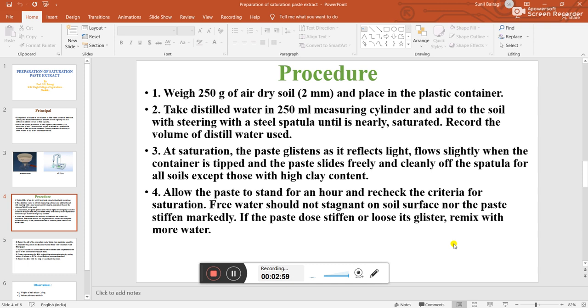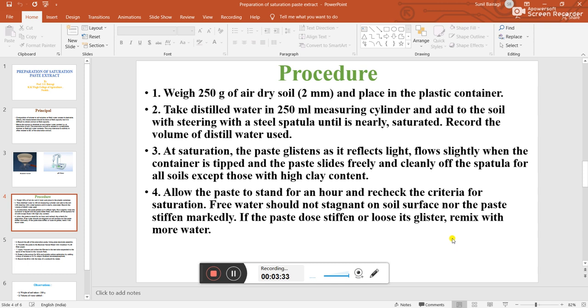So at the saturation point the paste glistens, as it reflects light, and it flows slightly when the container is tilted, and the paste slides freely and cleanly off the spatula. In case of high clay content, these soils are mainly sticky in nature, so they do not slide freely; except for high clay content, all the soils slide freely and cleanly off the spatula.